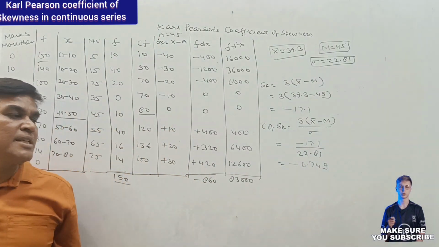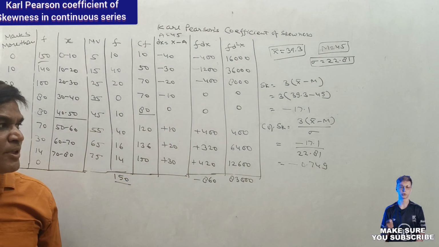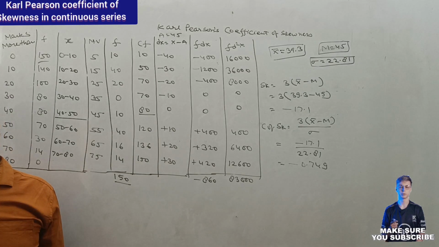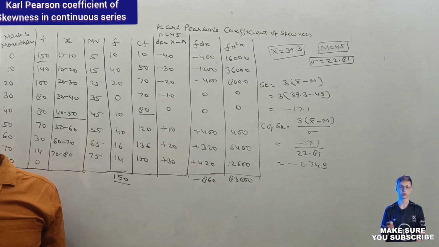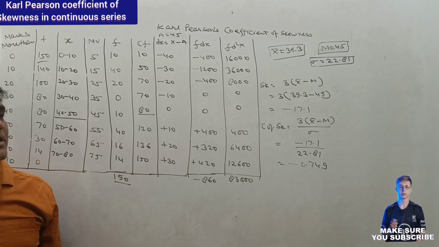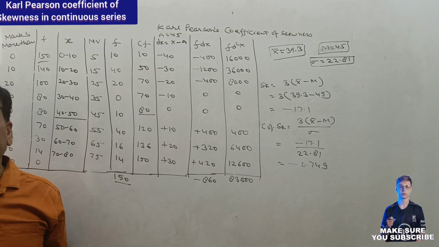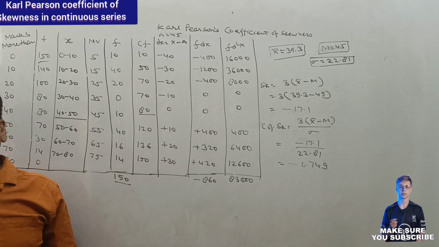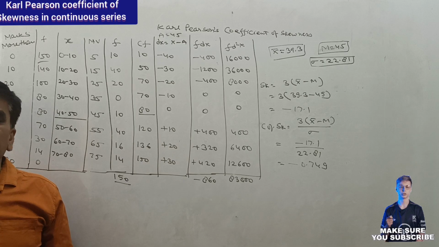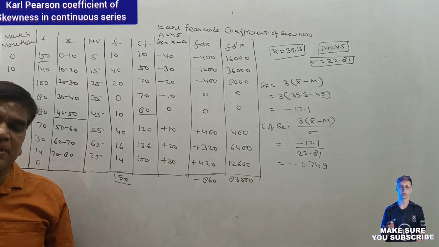So we have a negative skewness, that is minus 0.749. I think this video will be helpful for you to calculate the Karl-Pearson coefficient of skewness in the case of a continuous series. Thank you.